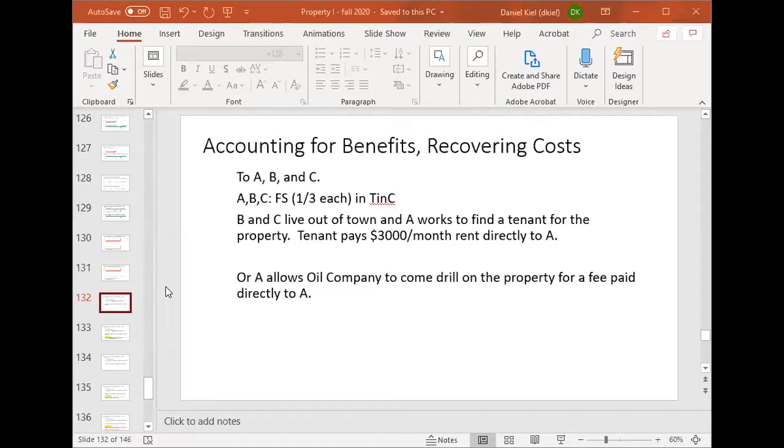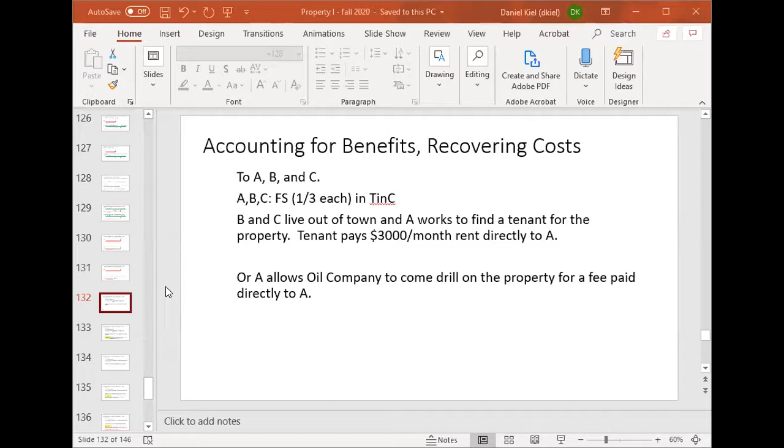Or alternatively, let's imagine a slightly different situation in which B and C are still out of town, but instead of finding a tenant, A knows that there's oil underneath the property and grants a license to an oil company to come onto the property and take the oil. And they pay the fee directly to A.